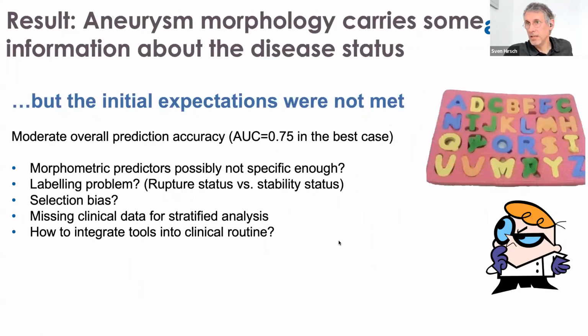What we've seen here is, yes, it does the job, but it gets an area under the curve of 75%. So it's okay, but not really super good. But there is evidence that only from shape features, we can already get a quite good prediction model of whether an aneurysm is ruptured, yes or no.